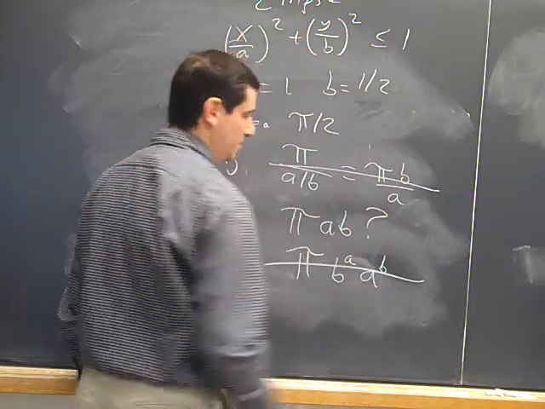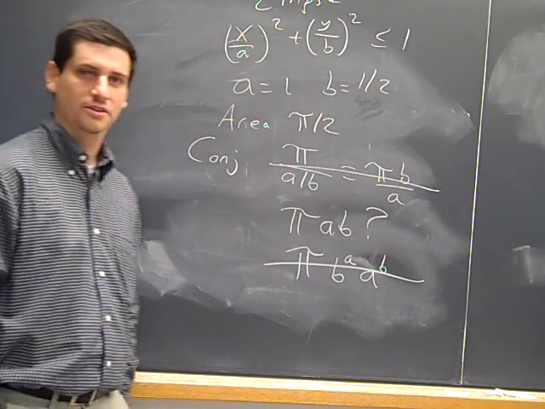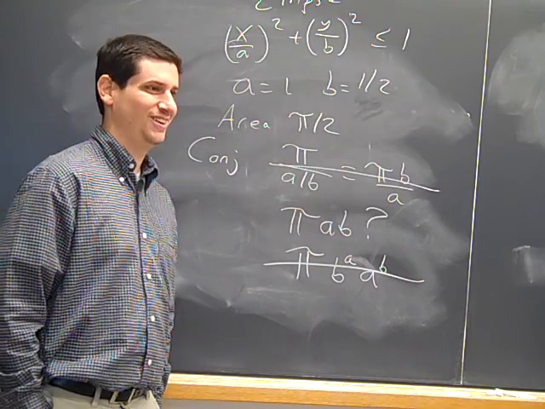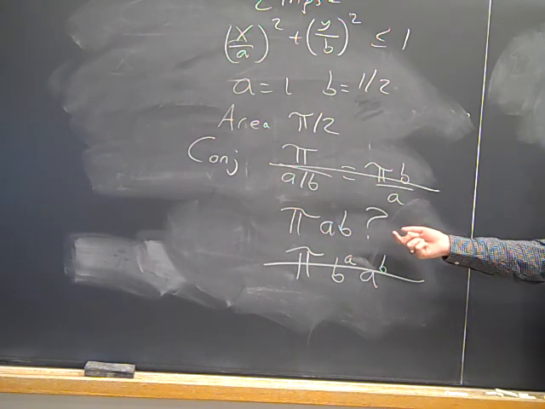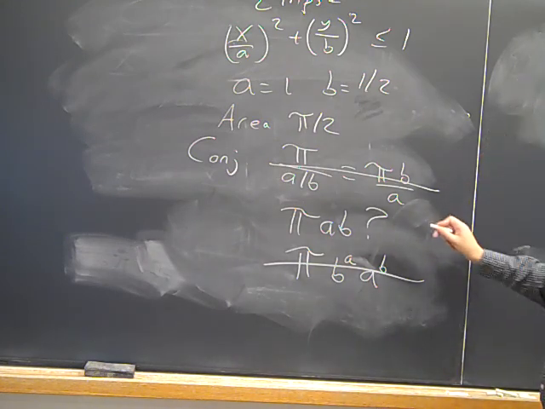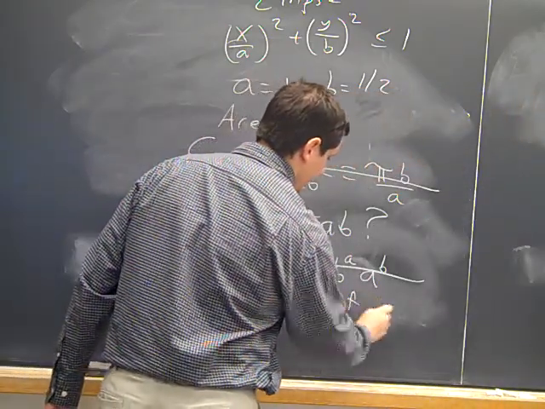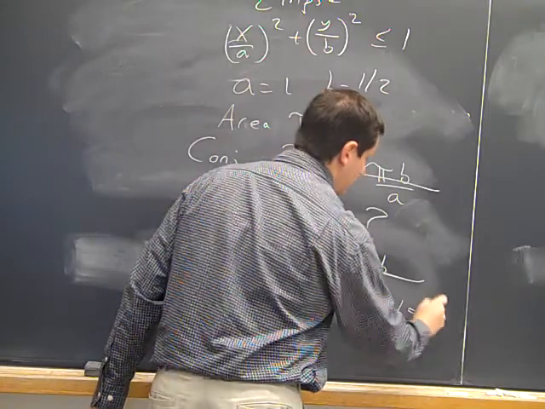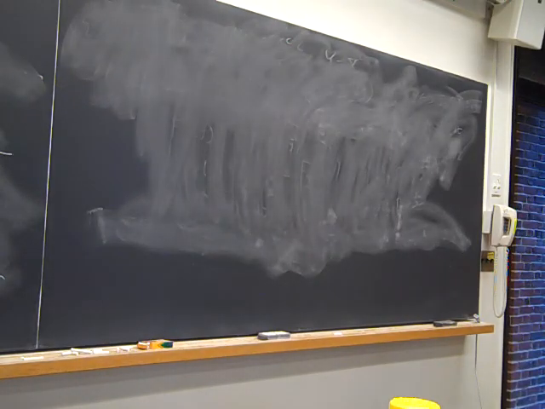Are there any special ellipses that you understand well? The circle. In the circle, A equals B equals R. Does this reduce to something that you understand for a circle? Yes. This is pi r squared if A equals B equals R. So this is a great way for me to give you a little talk on the change of variable formula.